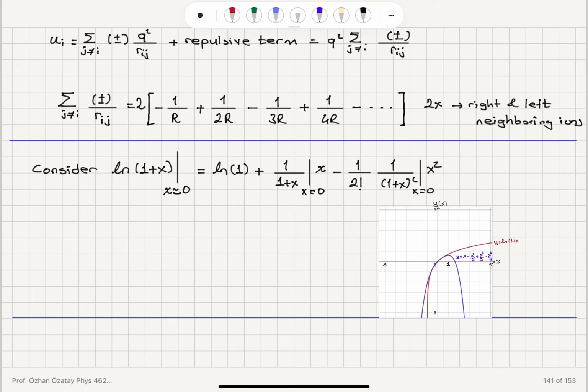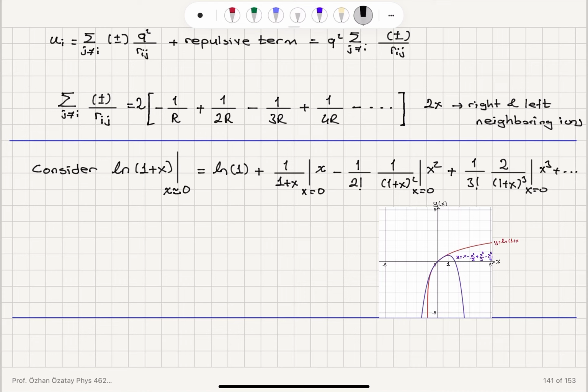We're going to get a factor of 2 from the derivative of 1 plus x to the power minus 2, so we will get a minus 2. This will make this minus sign plus. So this will become plus 1 over 3 factorial, 2 over 1 plus x cubed, evaluated at x equals 0, x cubed, etc.